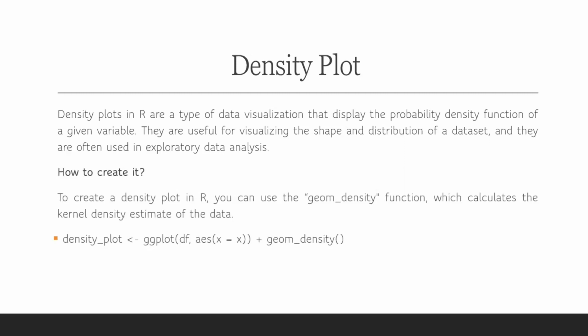To create a density plot in R, you can either use the plot density function, which is the built-in function, or you can also use the geom density function, which calculates the kernel density estimate of the data. The syntax is here, as you can see. Just use the ggplot function, then pass the data frame, and then the aesthetic, and here the geom density. Now let's move to our studio to see how it works.